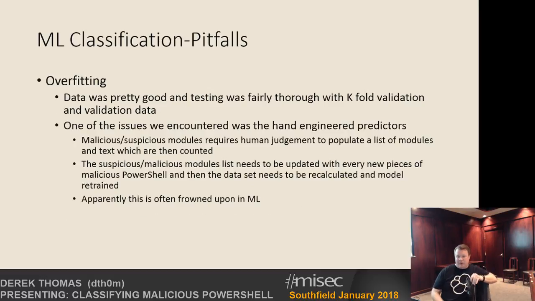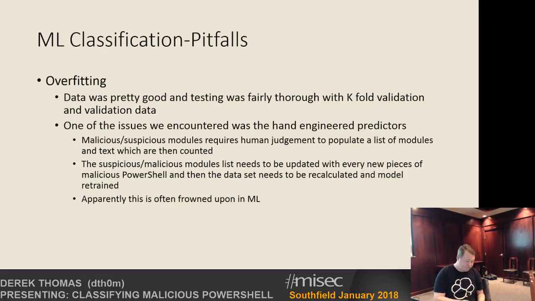The primary one we were considering was overfitting. Our data was pretty good, and it was fairly thorough with the k-fold validation on a training set. But one of the issues we encountered was that two of our values are hand-engineered predictors. We have a list that we create of suspicious modules, and a list that we create of malicious modules.